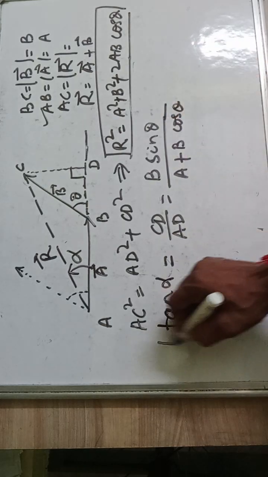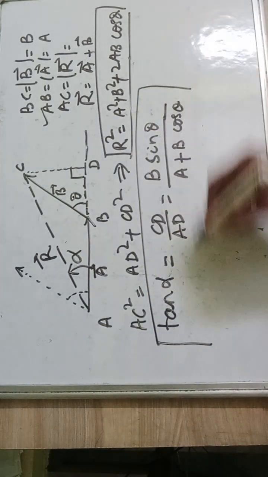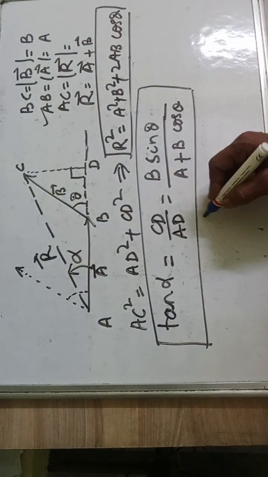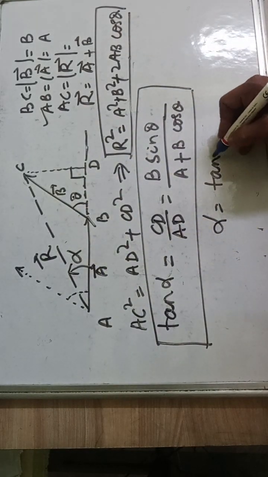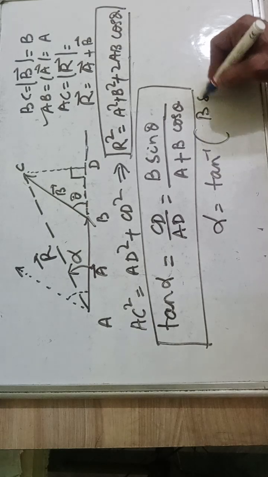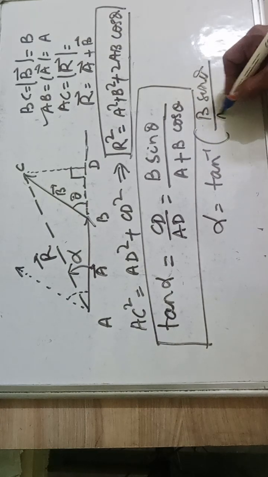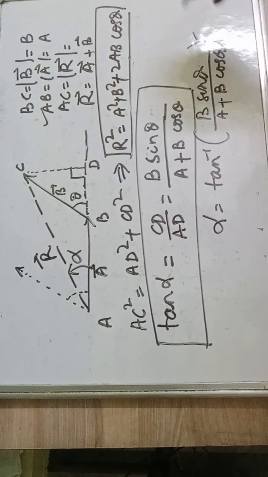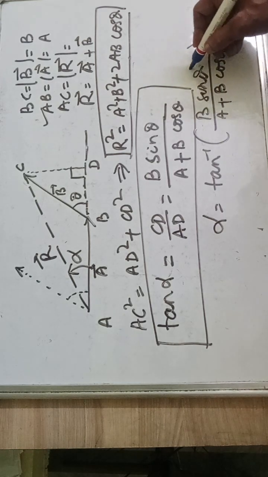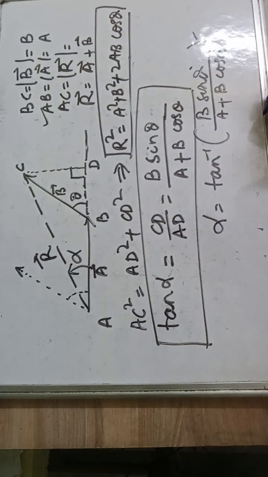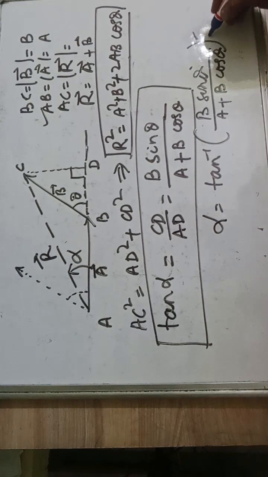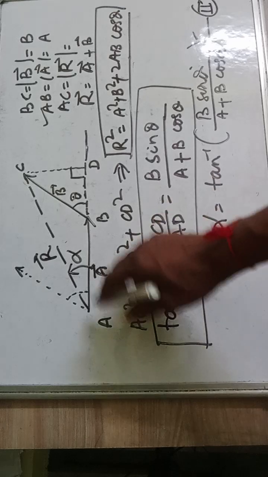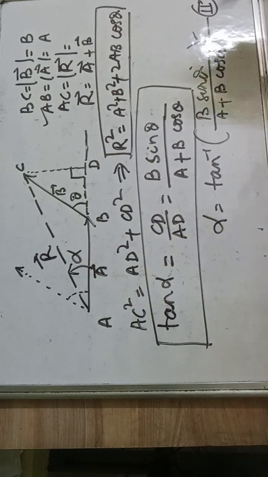This is the angle it will make with vector A, or alpha will be tan inverse of B sin theta by A plus B cos theta. We know theta, the angle between two vectors A and B. Then we can find out the angle of the resultant it will make with vector A.